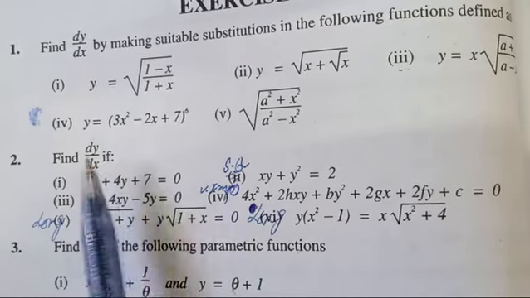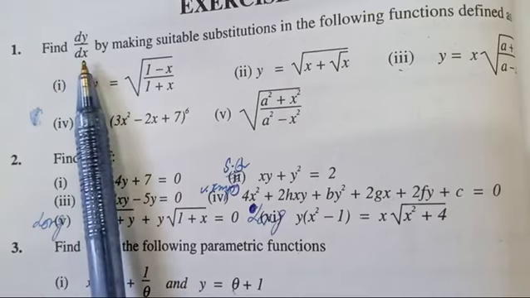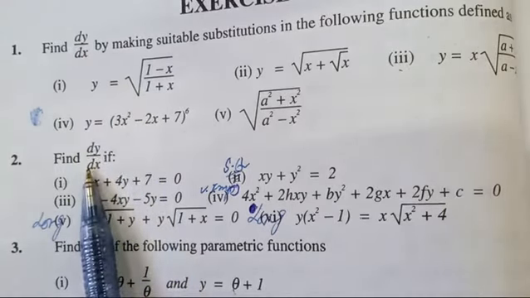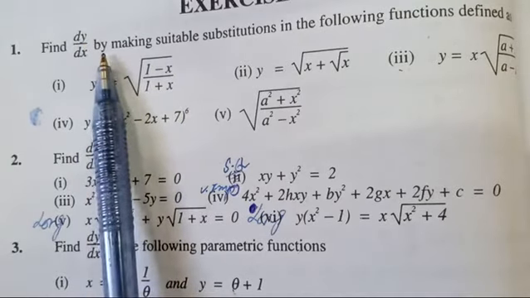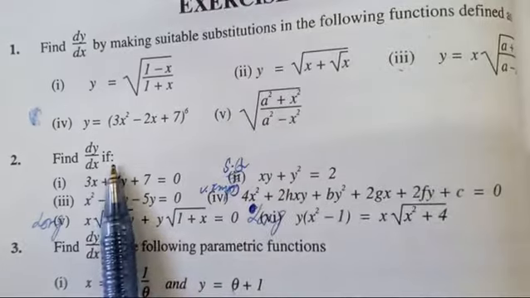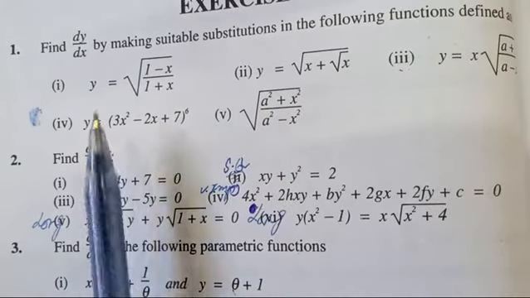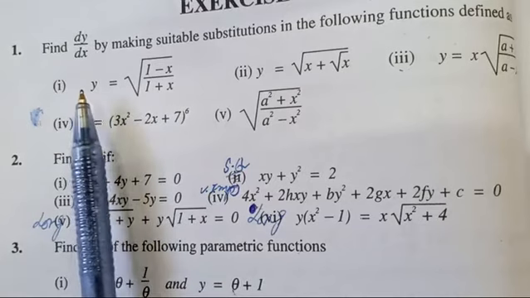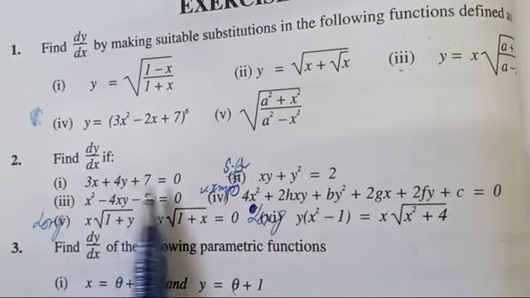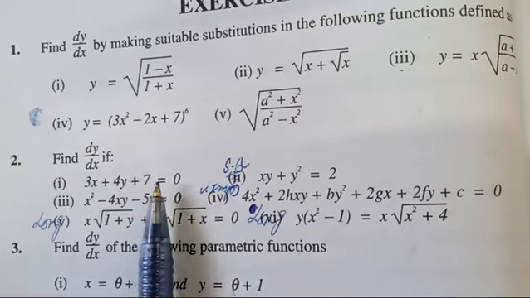In question number 1 we had to find the derivative dy over dx by making a suitable substitution, and the requirement is the same, but the situation is different. Here in the different parts of question number 2 there is no equality in y, but there is equality to 0.